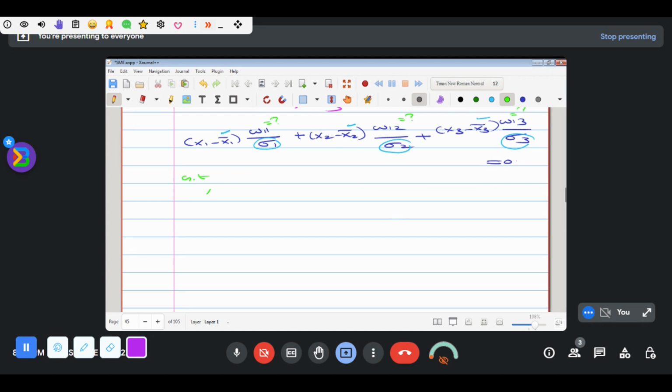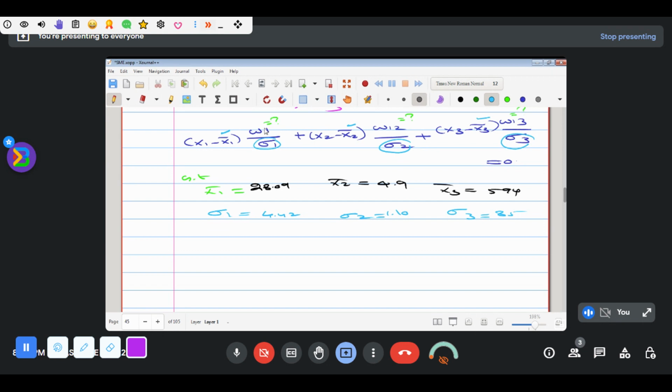Given that x1 bar equal to 28.09, x2 bar equal to 4.9, x3 bar equal to 0.94. Similarly, sigma 1 equal to 4.41, sigma 2 equal to 1.10, and sigma 3 equal to 80 pi.